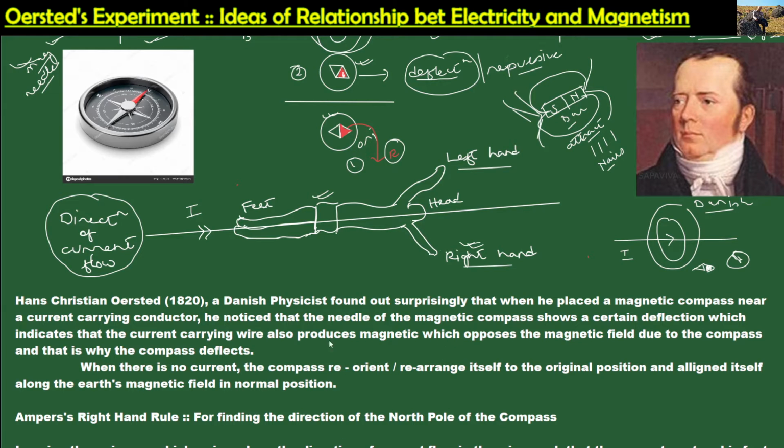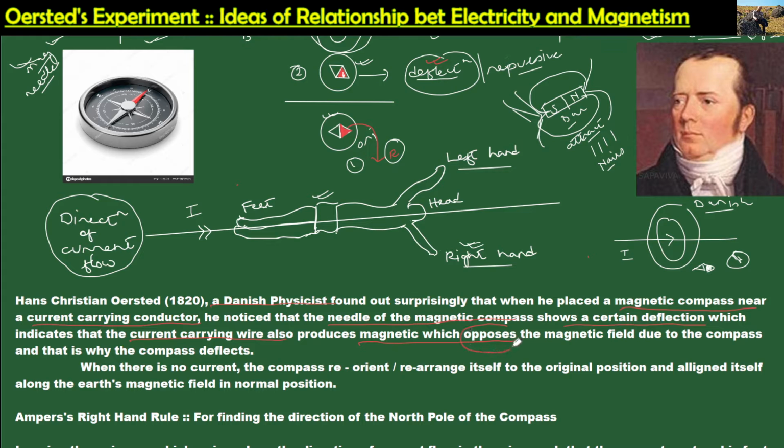So what Oersted observed was that when he placed a magnetic compass near a current carrying conductor, he noticed that the needle of the magnetic compass shows a certain deflection. This indicates that the current carrying wire also produces a magnetic field.